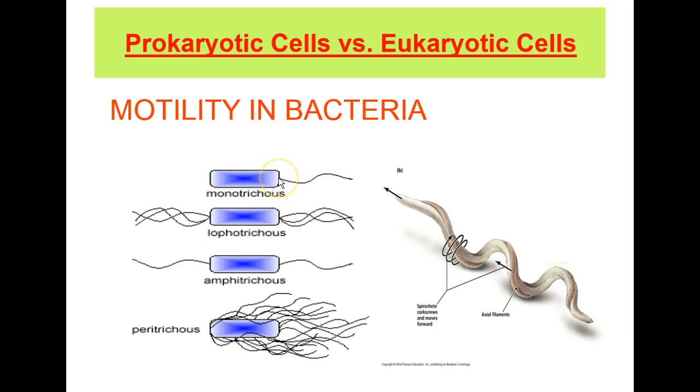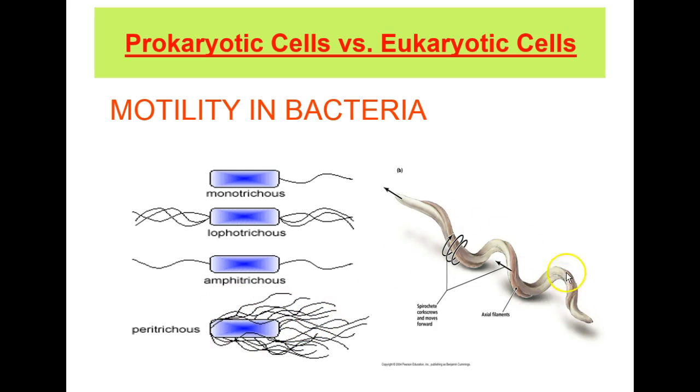Some bacterial cells have one single flagellum at one end of the cell. Others have a tuft of flagella on either side, yet others have one single flagellum on either side. Other organisms have flagella surrounding the entire cell.